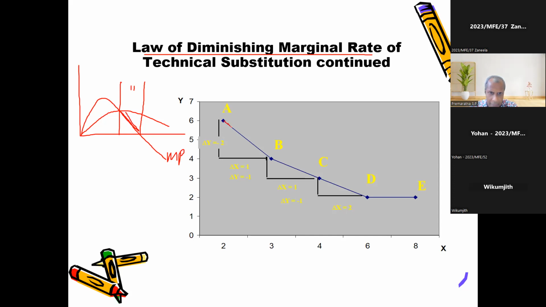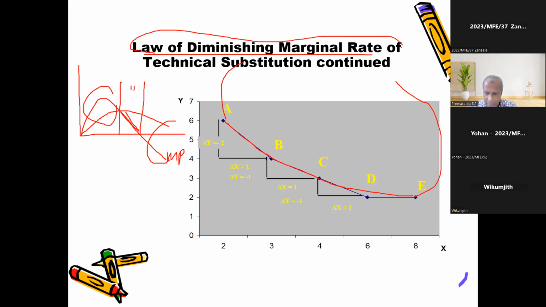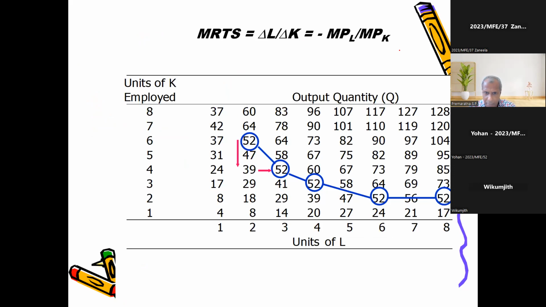So that's why the isoquant curve has a diminishing or negative slope only. If you take another part, some other shape could come, maybe like a circle. So this reduced MRTS along the curve downward reflects the law of diminishing marginal return. That is the important thing.